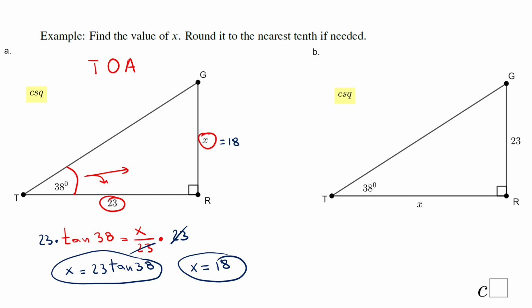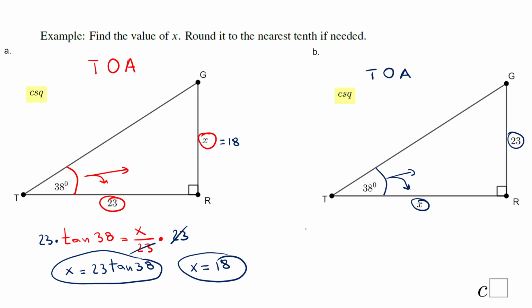In this type of problem, part B, again we notice the angle, but now we're looking for the adjacent leg, and we know the opposite leg. So again, we have opposite and adjacent, that again requires the tangent.